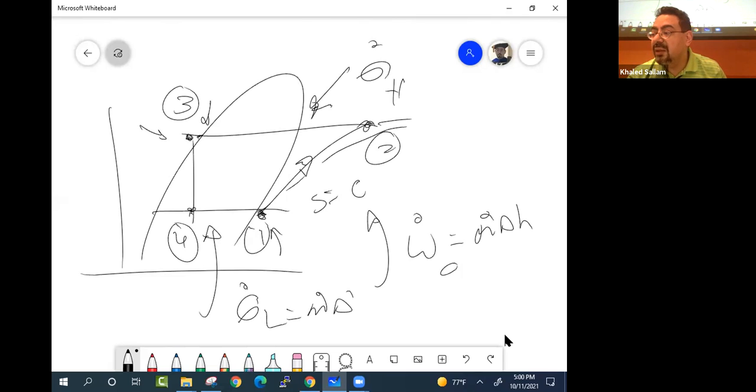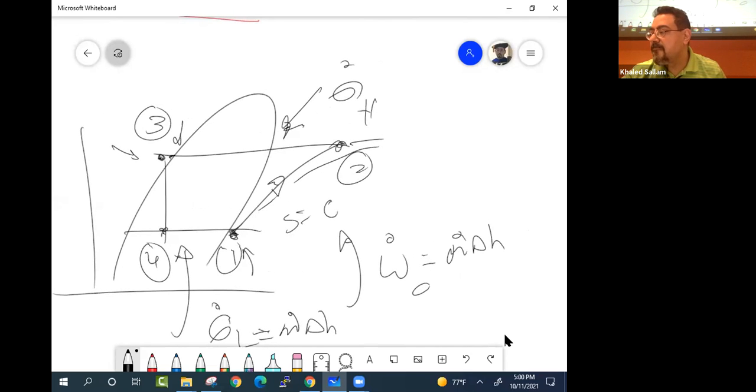M dot delta H, again its own delta H, H1 minus H4. And Q dot H is M dot delta H. I guess you will leave this course remembering that stuff is M dot delta H, right?